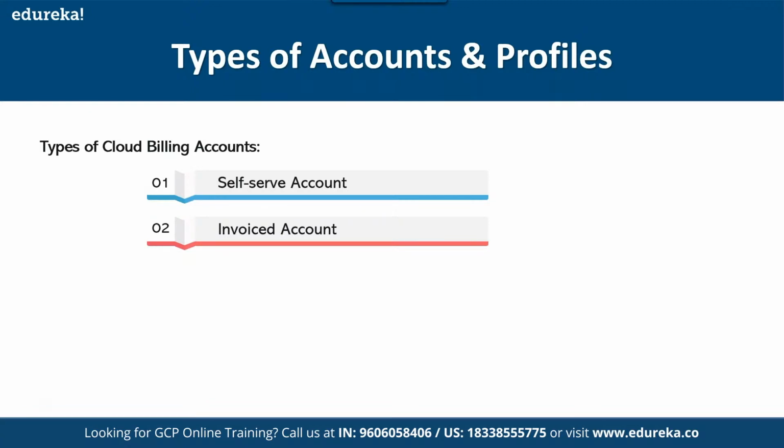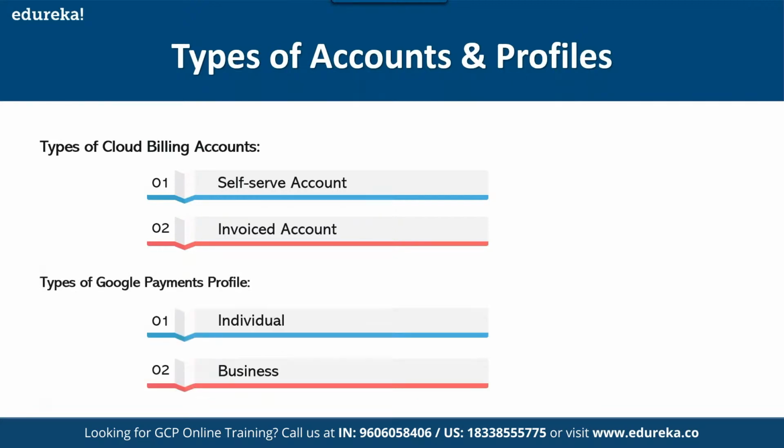Likewise, you can have different types of Google payment profile. The Google payment profile can be of two types. One is for individual, second is for business. The individual profile is for an individual person who is going to use the service and pay for it. The second one is for the business.